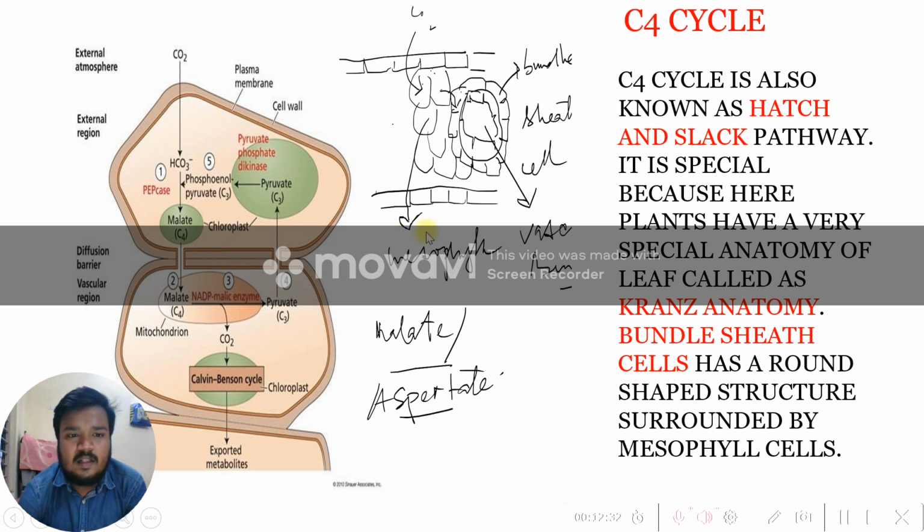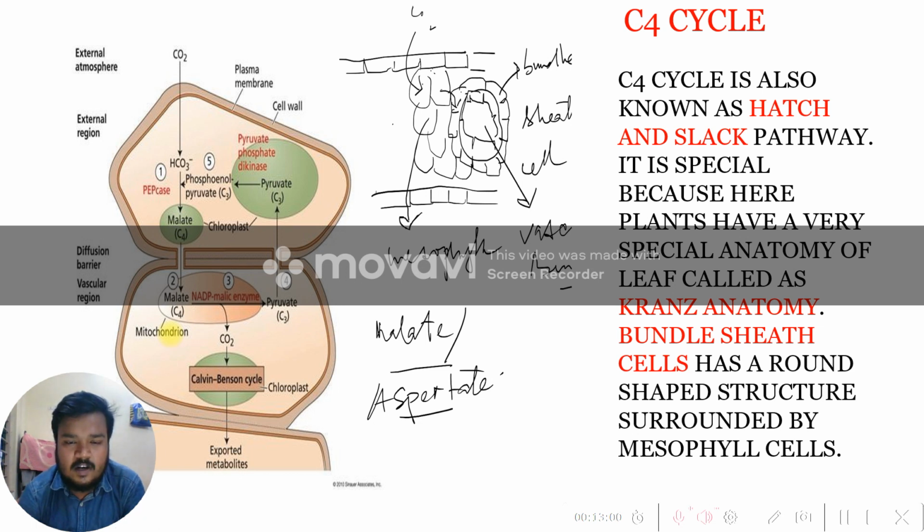That's why the CO2 is firstly converted into malate in the very beginning, where no Rubisco is present. Then the malate comes to the chloroplast where the Rubisco is present, and with the help of NADP malic enzyme it is converted to CO2. That's how the CO2 gets into the C3 cycle and the C3 cycle runs.